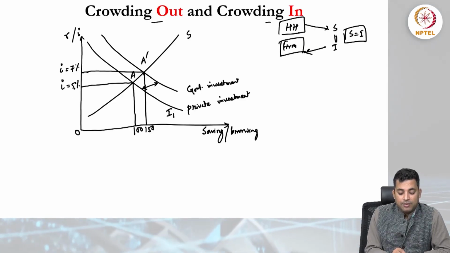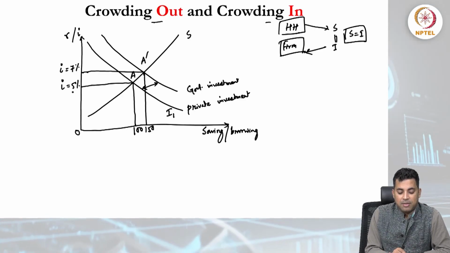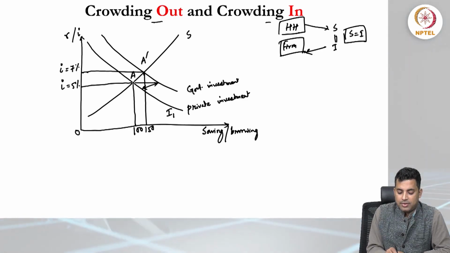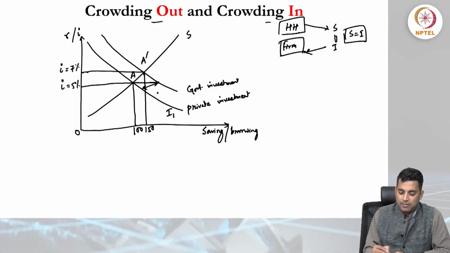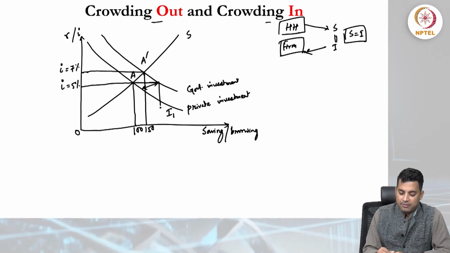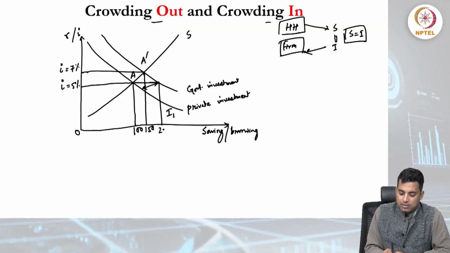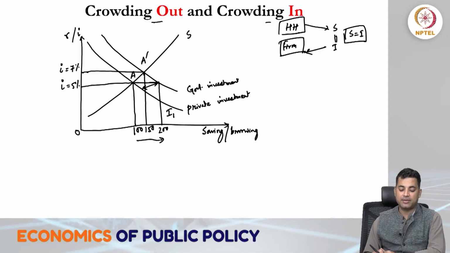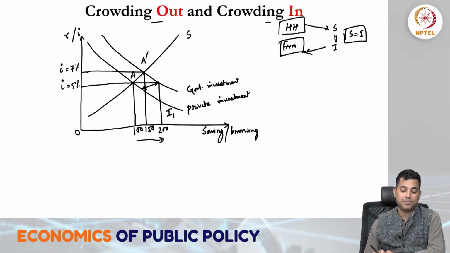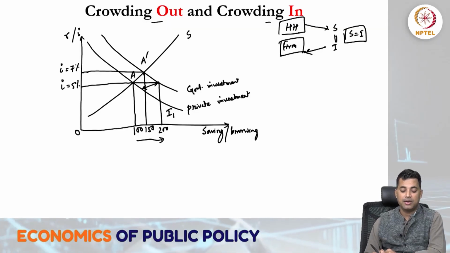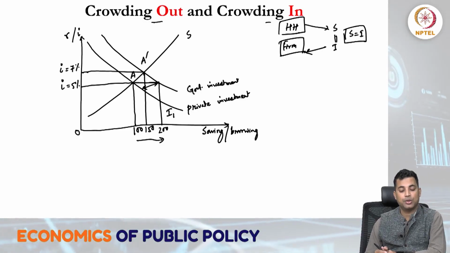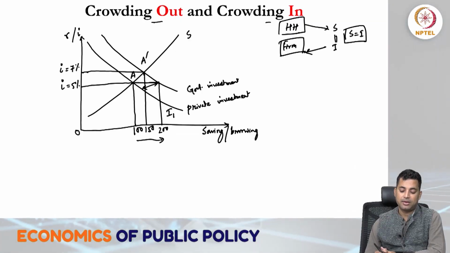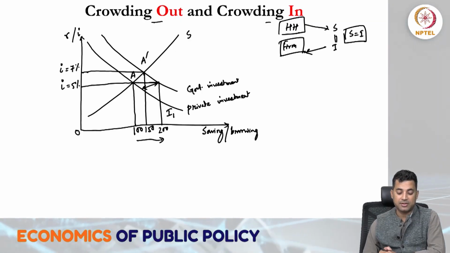If the rate of interest is kept at a lower rate, like at 5, then through the government investment, borrowing or savings can take place up to 200 units, right? This is keeping the rate of interest low and including both government investment and private investment.